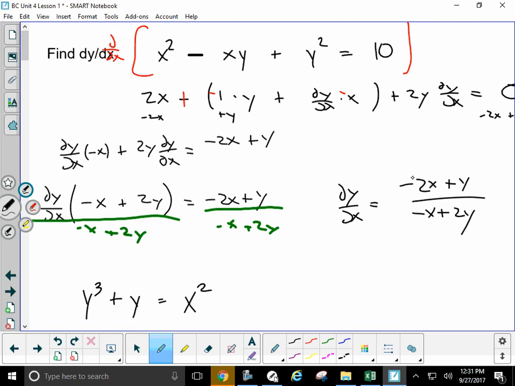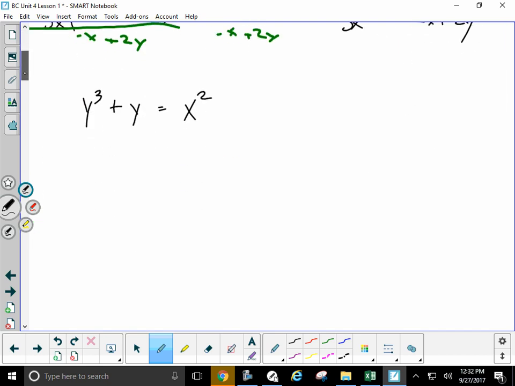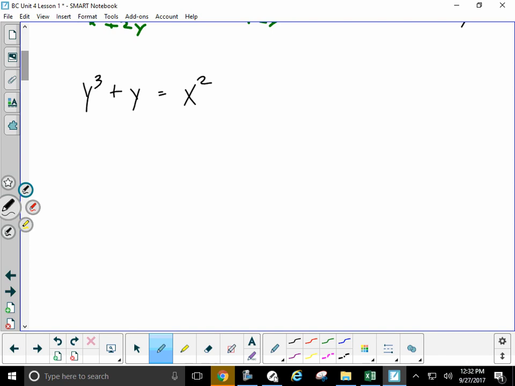Now, if I had a point that satisfied this implicit equation, this is the equation of an ellipse, I'd be able to plug that point into this to find its tangent slope, the x's and the y's. Okay, let's go ahead and try another one. You guys can try this by yourselves. Look up to see if your answer is correct.